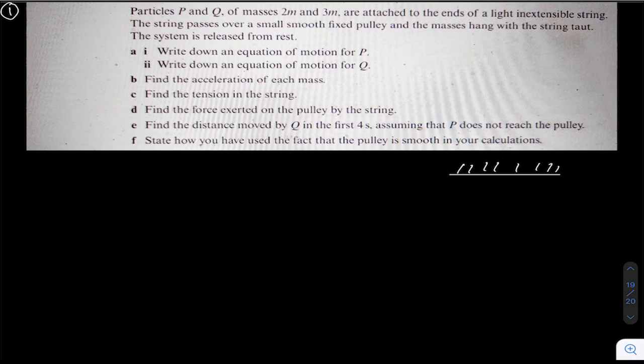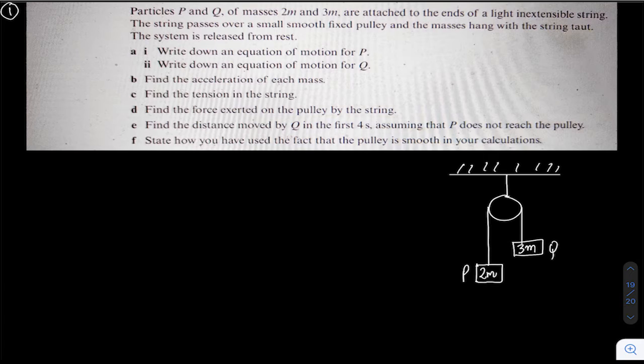The question is, two particles of mass 2m and 3m are there. So basically you have something like this. There is a particle of mass 2m, that is P, and there is a particle of mass 3m, that is Q. That's it, nothing else is given.